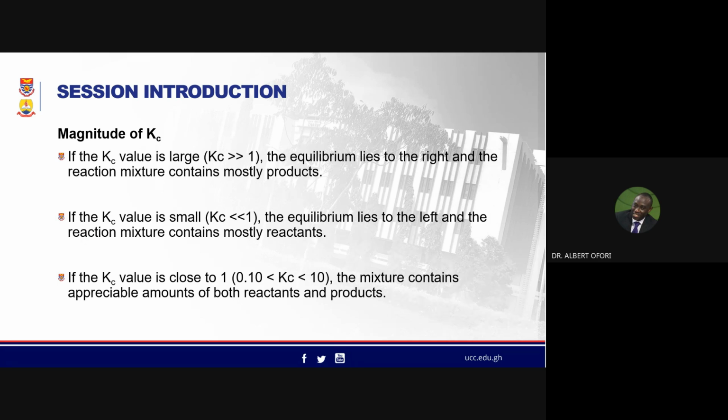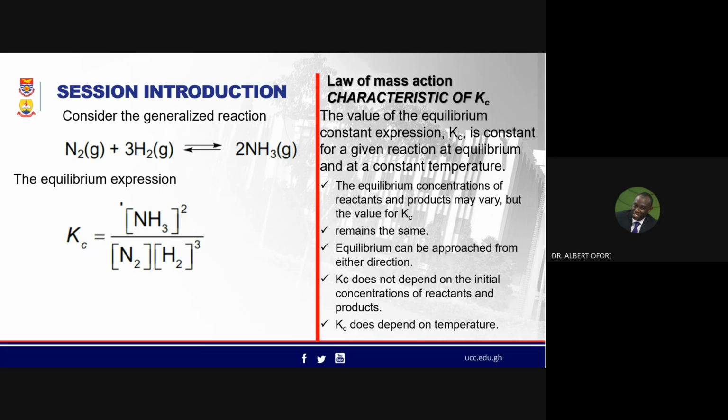Of course, if I take this equation, I calculate and it is more than one, meaning this concentration is bigger than these concentrations. That is why it is more than one. The fraction is more than one. Do you agree?